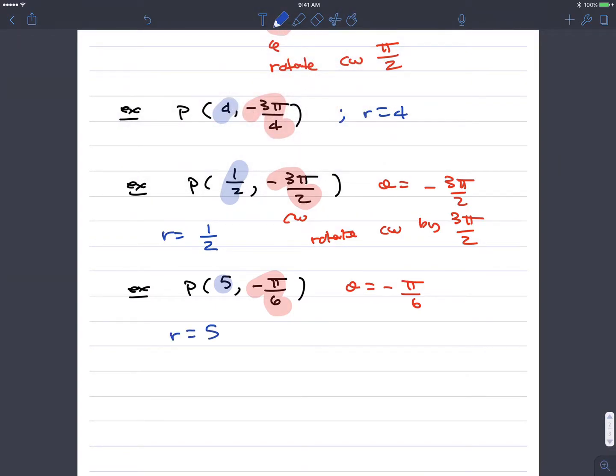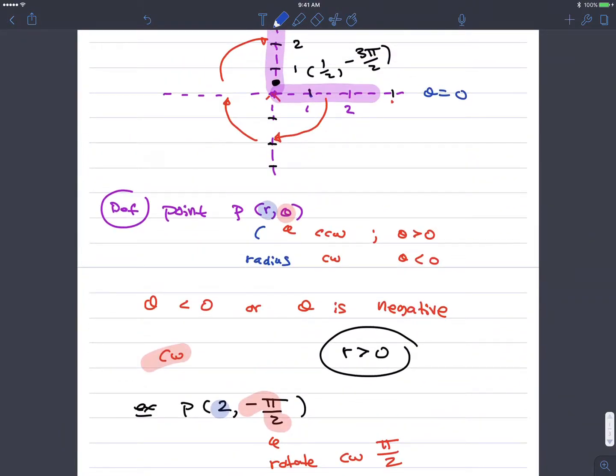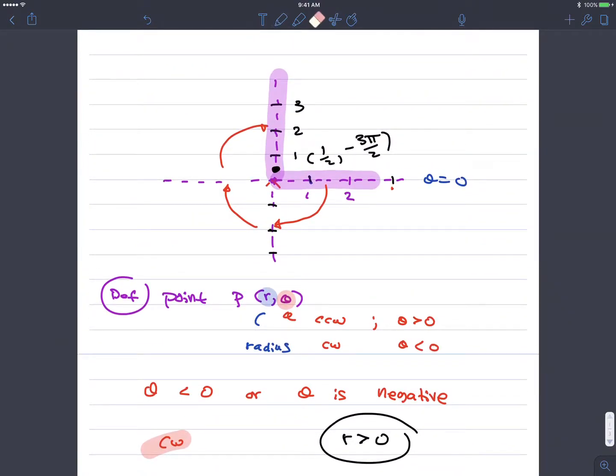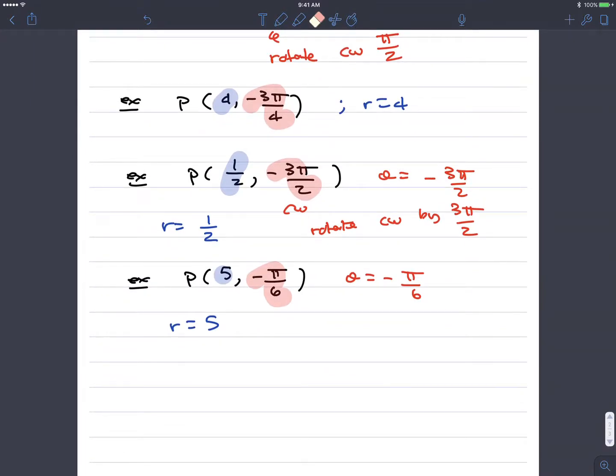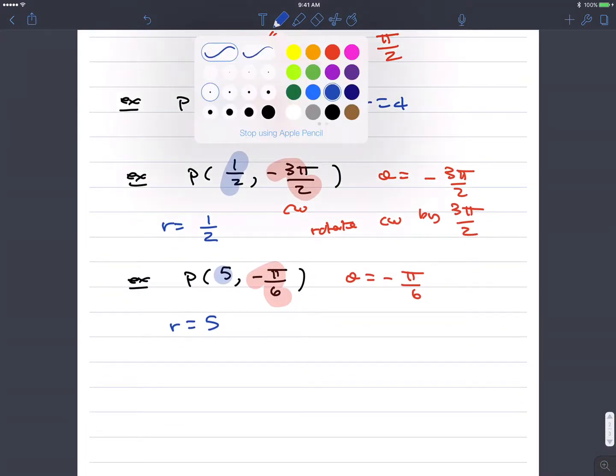All right. What am I going to do? Let's erase this. What's an angle? Here's my polar axis in purple again. What angle is negative pi over 6? It's a 30-degree angle. Is that a 30-degree angle?